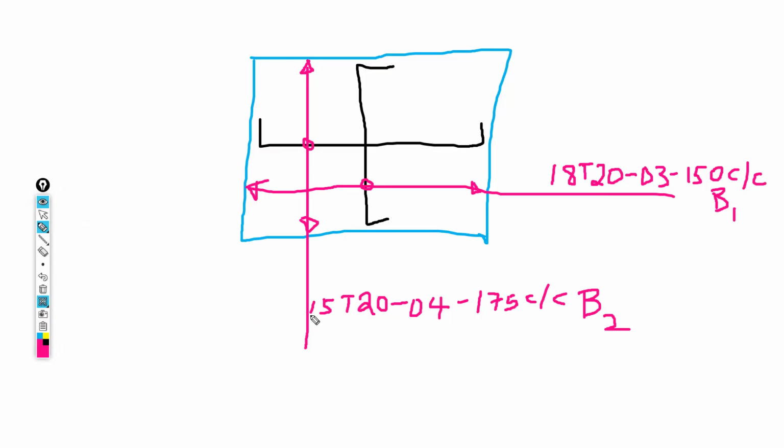Okay, so this is number of bars, bar type, bar mark, spacing, and then like an ID, bottom or top reinforcement.